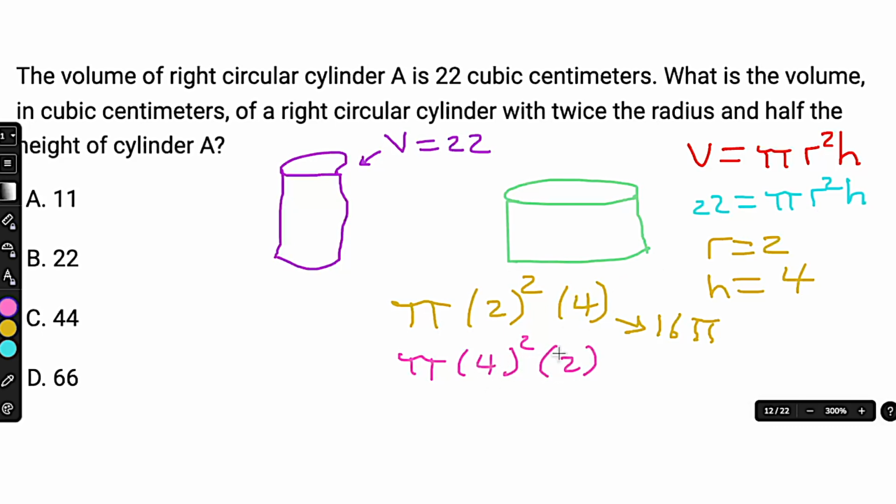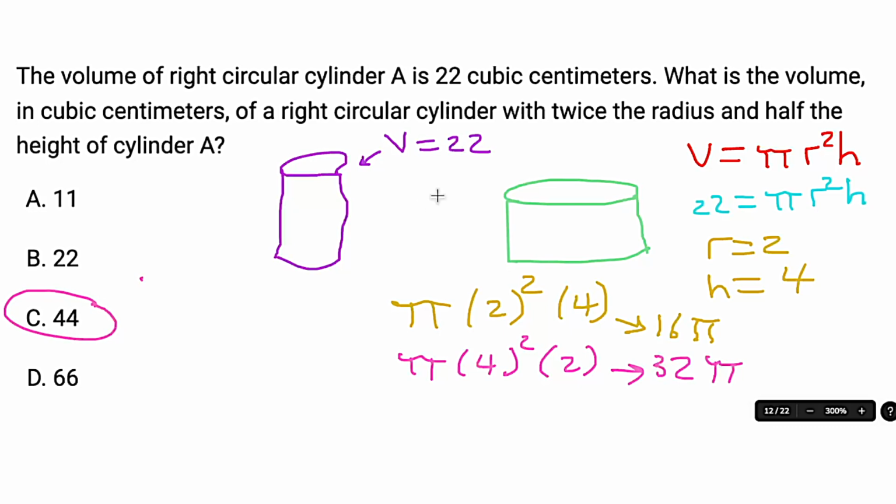Well, 4 squared is 16. 16 times 2 is 32, so we get 32 pi. So what happens? The volume doubles. And for that reason, we know our answer is going to be 44 because the volume of this purple one would double, meaning the volume of this shorter, fatter one would be 44.